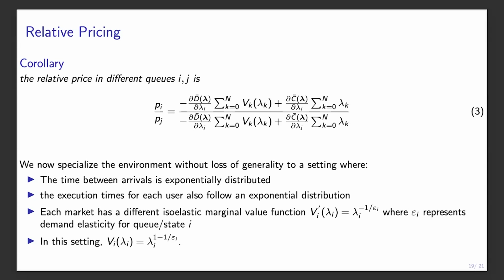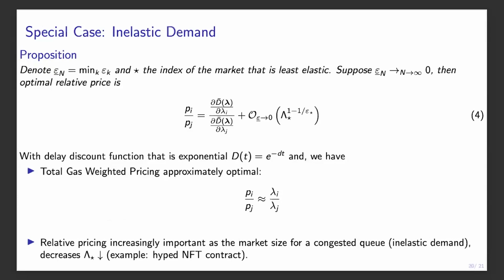These relative prices will be, again, the weight of these different externalities on other users. For the sake of time, I'm going to give this proposition, which has the intuition of what I talked about earlier.